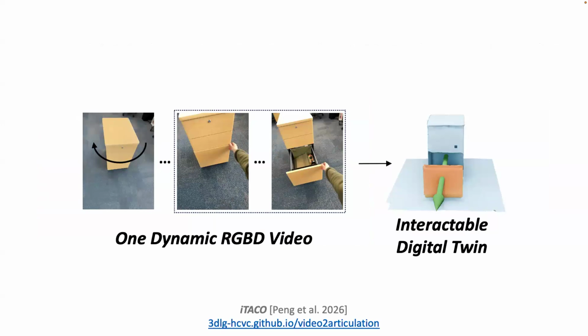Wouldn't it be great if we could convert a video to a fully interactable digital twin representation of the object that was observed? So the first work here, ITACO from 3DV this year, a few months ago, focused on this particular task from an input RGBD video producing an interactable digital twin.